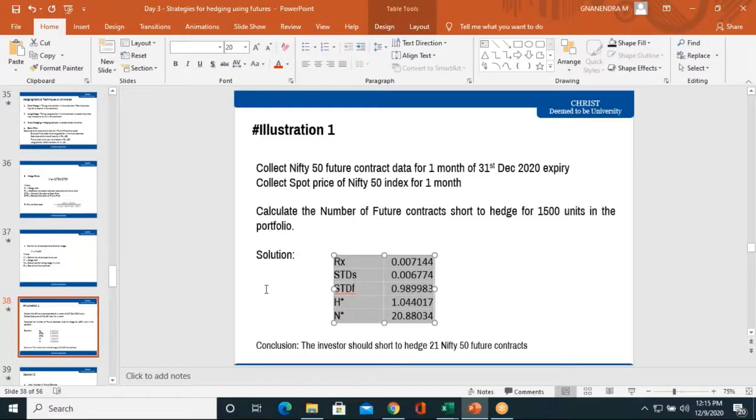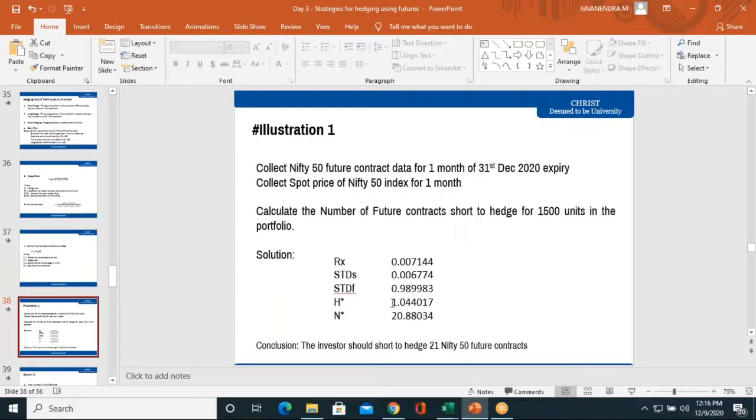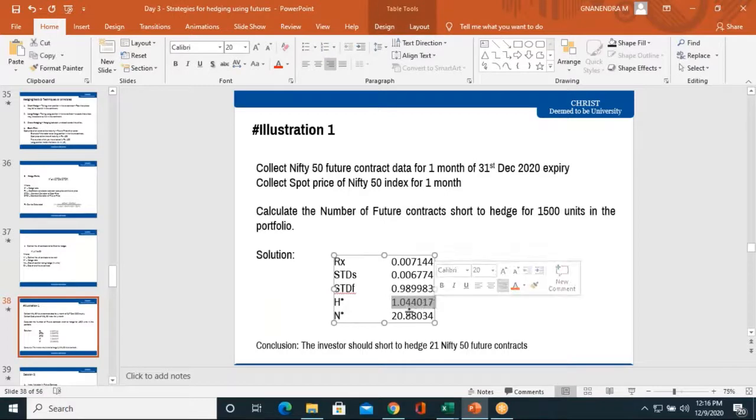So the rest of the other stocks are very low in value, okay, maybe DHFL, you can take an example. DHFL again is around 10 to 15 rupees. So even though I have a total of 1500, the value is only 1 lakh rupees. When you are hedging 1 lakh rupees of value with the percentage I got in the hedge ratio, which is 1.04, say it is 1,05,000 rupees that I want to hedge.